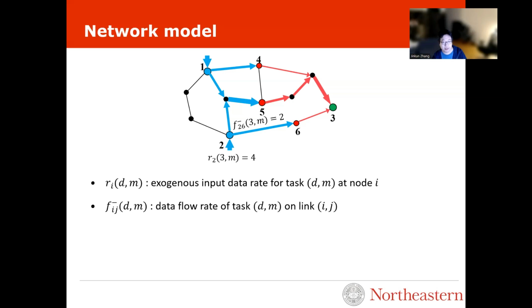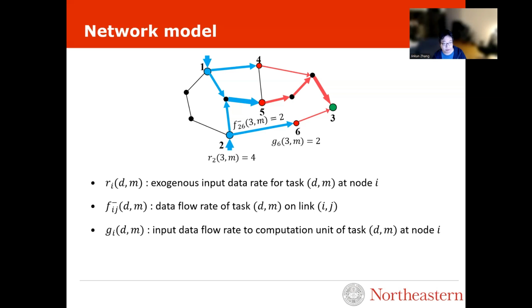And we use f_ij minus for the data rate on link ij. Here, if we assume that half of the input data at node 2 is routed to node 6, then f_26 minus equals 2. And we use g_i(d,m) for the data flow that is put into the computation at node i.